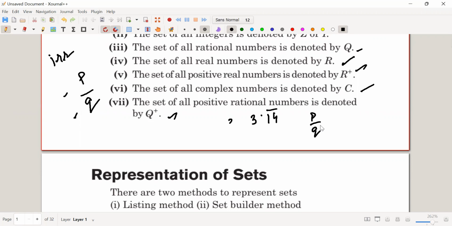What would be the answer? 22 by 7? No, this is not 22 by 7. It is 3.14 bar. It means 3.14, 14, 14, 14, 14. Then you cannot get it in there. Is that so?